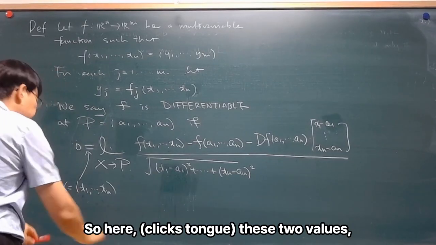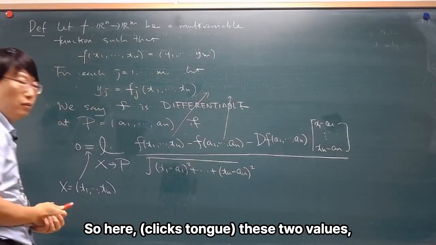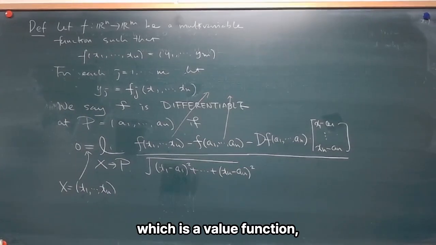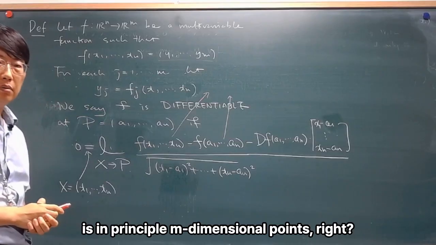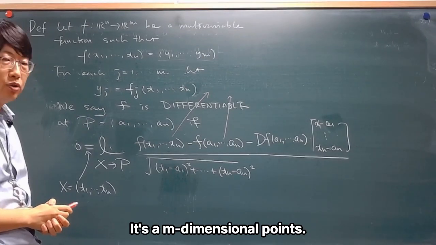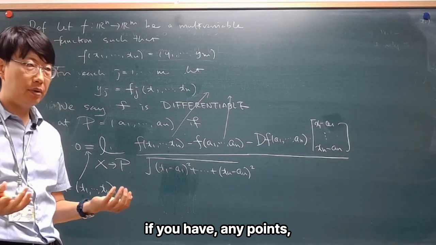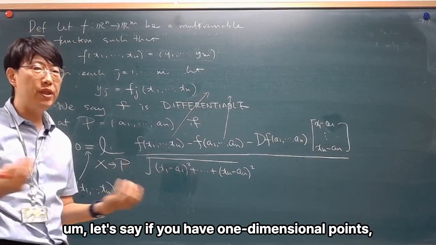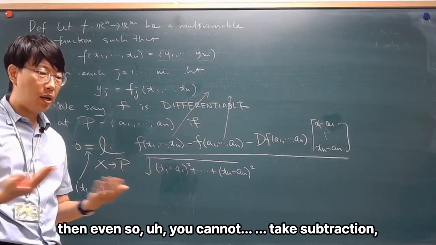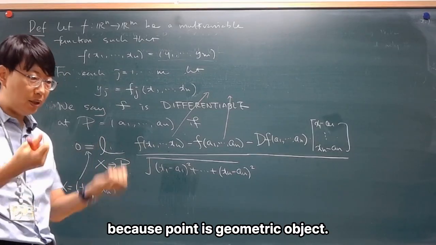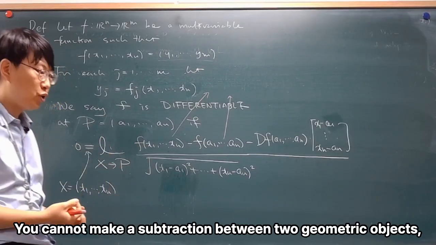Here, these two values, which are values of the function, are in principle m-dimensional points, right? If you have one-dimensional points, even so, you cannot take subtraction because a point is a geometric object. You cannot make a subtraction between two geometric objects.